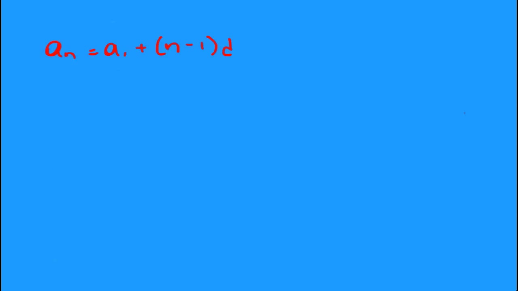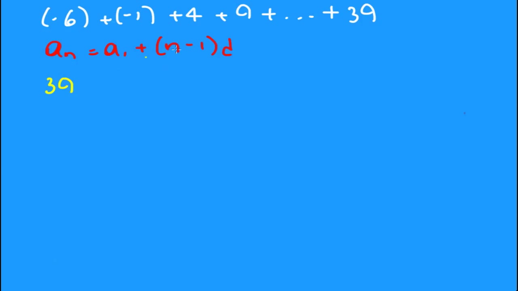Okay. So I'm going to do negative 6 plus negative 1 plus 4 plus 9 plus ... plus 39. We are using this formula, right? So let's begin. An is going to be equal to our last term, 39. Oh, and we didn't get the difference. Let me get the difference real quick.